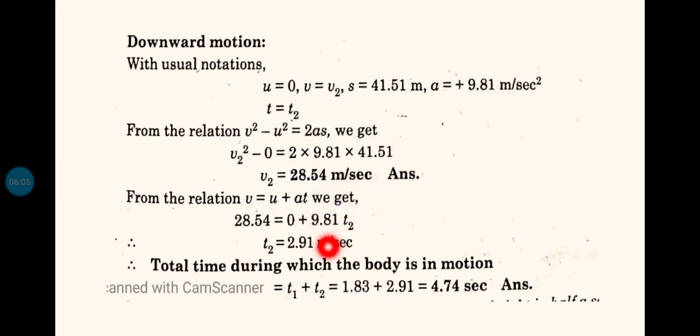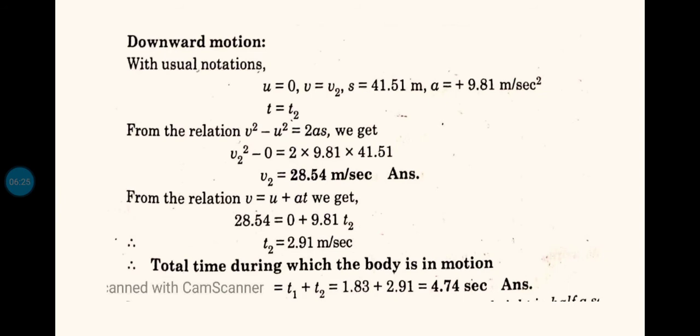So the total time the body was in flight is t1 plus t2, that is 1.83 seconds plus 2.91, that is 4.74 seconds. So I hope you got the concept. When the body is moving upward, acceleration is minus. When the body is going downward, acceleration is positive g.